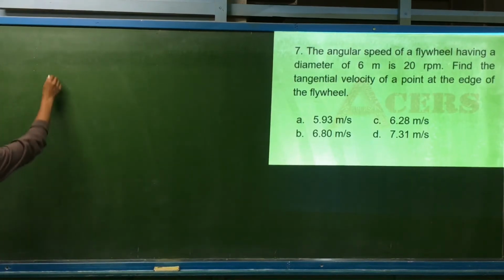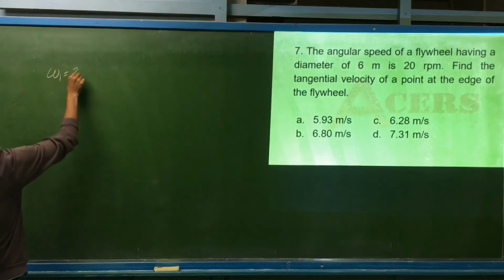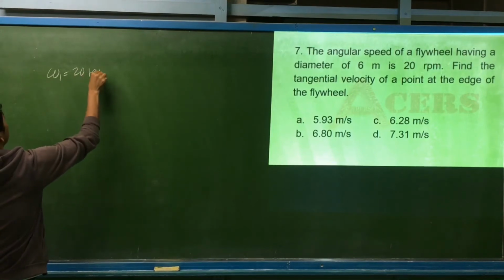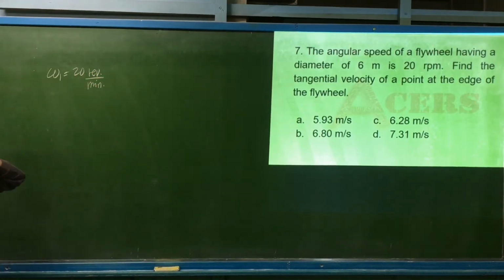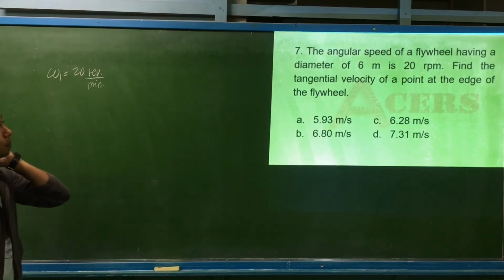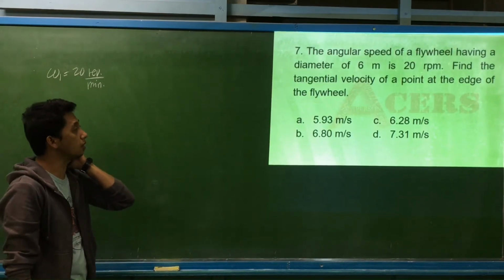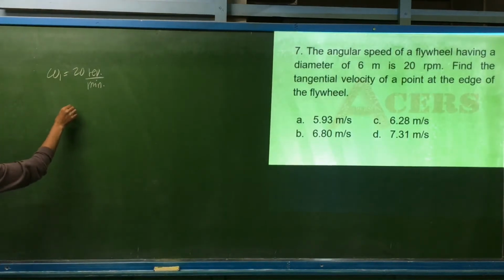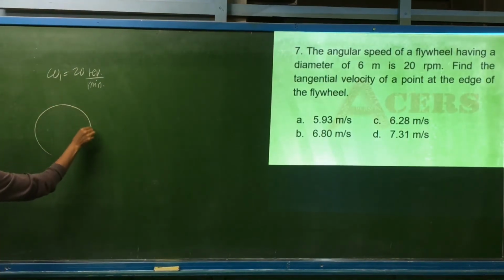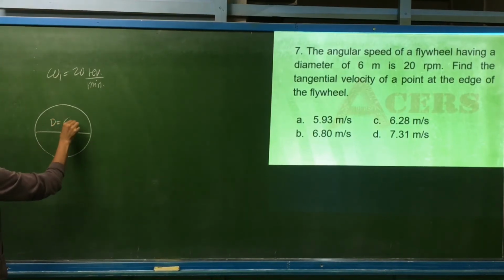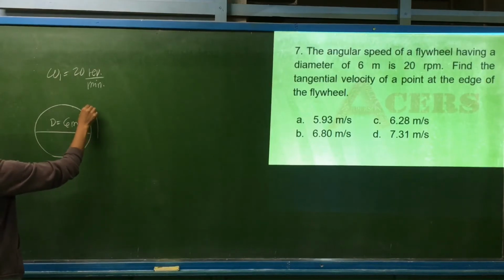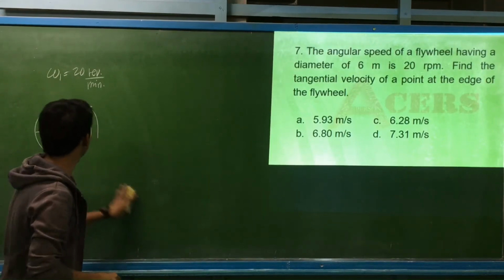So that is our initial angular velocity, 20 revolutions per minute. Find the tangential velocity at a point at the edge of the flywheel. The diameter of the wheel is equal to 6 meters. So we are looking for the tangential velocity, and we have an angular velocity.